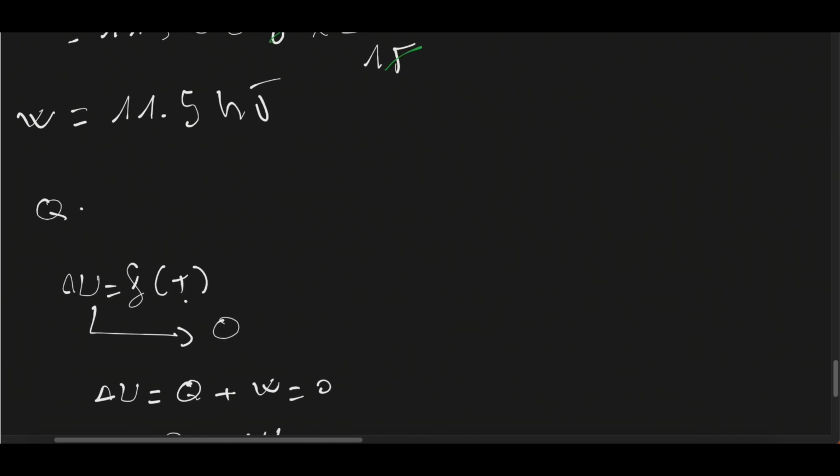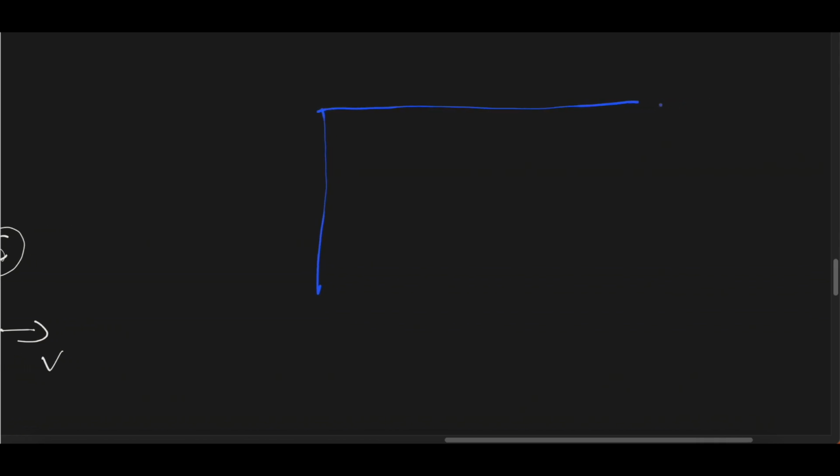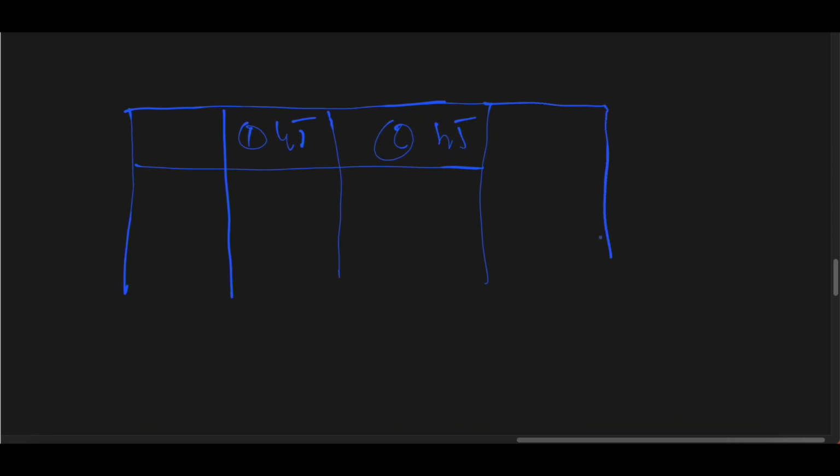Now it is better to draw a table and fill it in for each step. So here we have the first step in kilojoules, the second step in kilojoules, and the third step, or the third change, also in kilojoules.